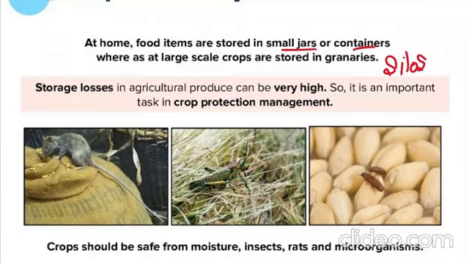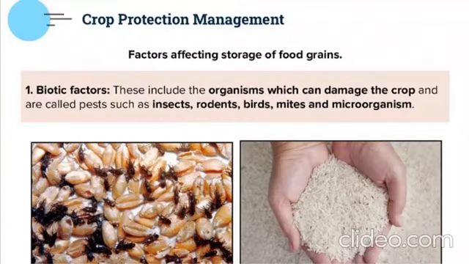Storage is a very important part, because if the storage is done wrong, the entire hard work of all these months will go to waste. So crop protection management is a very important part. We have to keep these crops safe from moisture, insects, rats, and microorganisms as well.